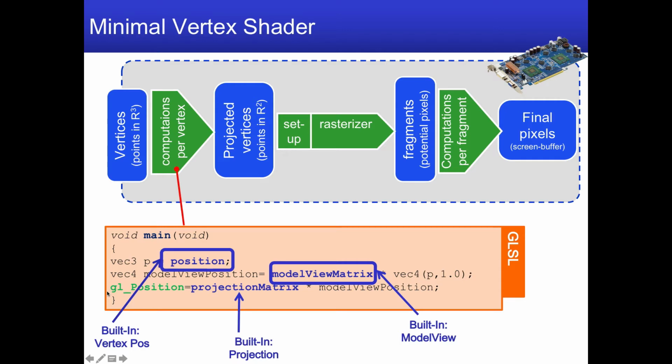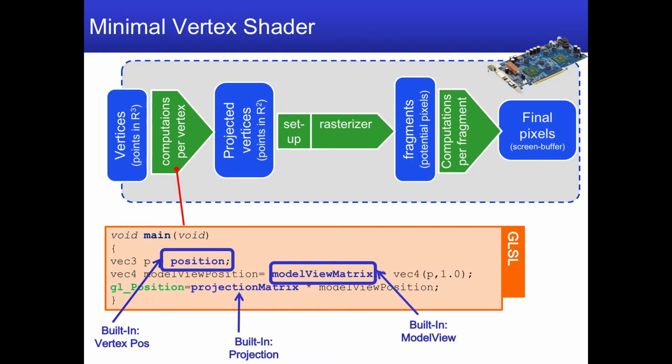It's called gl_Position, which is the final position in clip coordinates, coordinates which are -1 to 1 and -1 to 1 for the screen view, and the depth is the depth that you use in the Z buffer, okay?